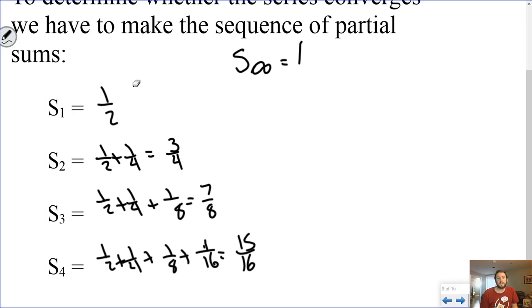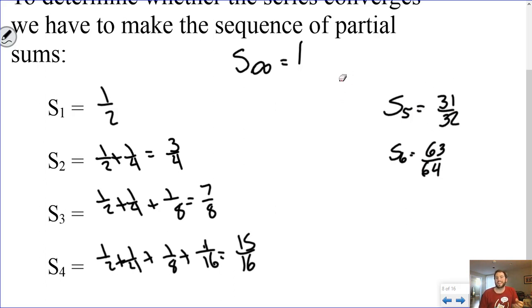The other way of looking at this is, how far away is this from 1? It's a half away from 1. This is a quarter away from 1. This is an eighth away from 1. This is a 16th away from 1. So we can probably assume that the next one is going to be 31/32, and then the next one is going to be 63/64, where these terms are getting closer and closer to the number 1, never quite getting there.